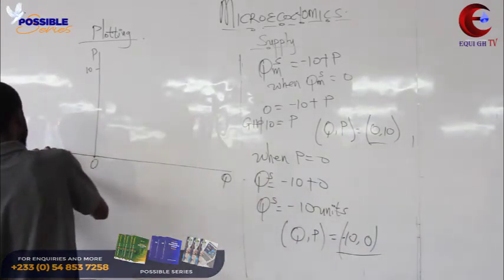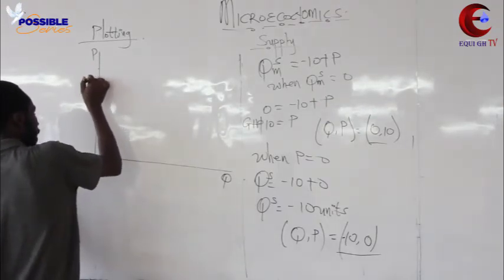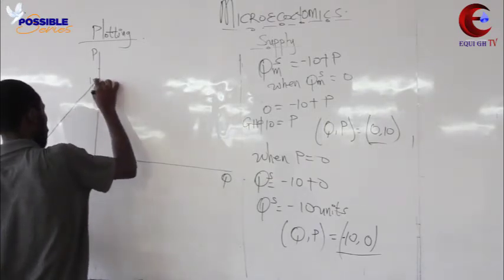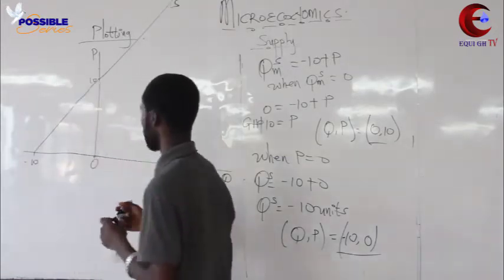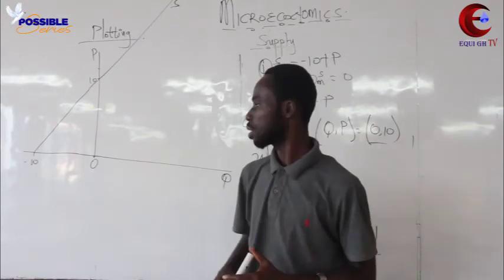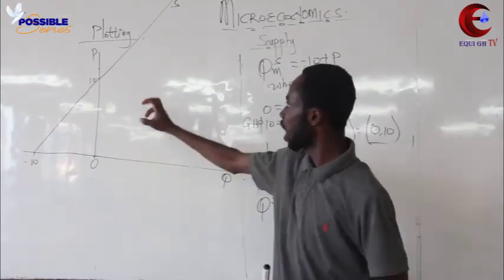So if I join the two points, I'm going to get something like this. So that is going to be my supply curve. So we have plotted it.